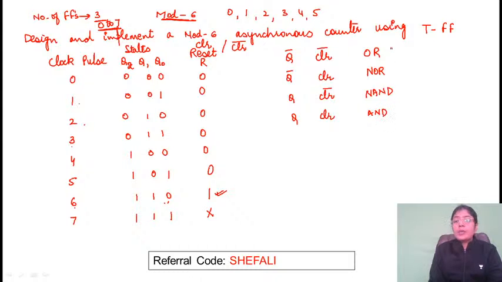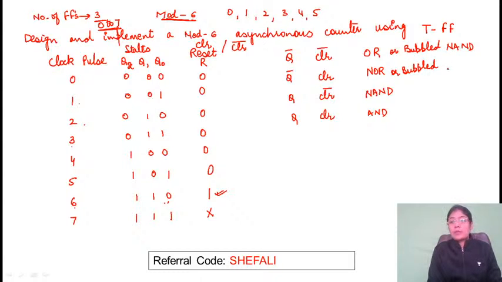You can use the bubbles: NOR is nothing but bubbled AND, NAND is nothing but bubbled OR, and AND is nothing but bubbled NOR.